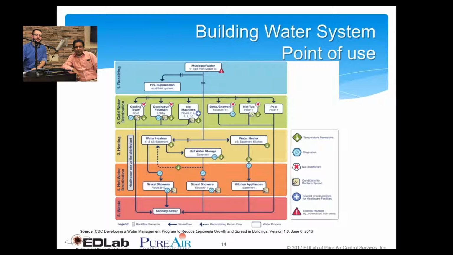Now, the second slide talks about the point of use: once water enters the building, how it is distributed and what the utilizations are. So you identify, for example, this is water going, and these all are points of interest, so that you can understand how this water is being utilized in the building.